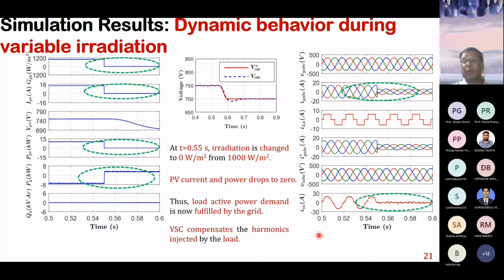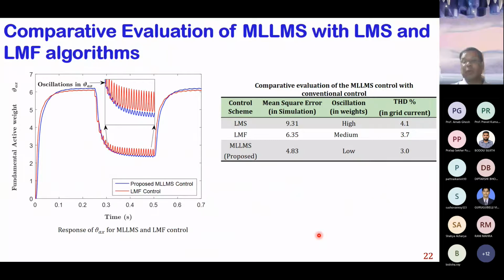And if you consider the oscillation in the weights of the filter, you could see that we compared a least mean fourth algorithm and the proposed modified Leaky LMS algorithm. You see the red one is the LMF, the least mean fourth, and the blue one is the modified Leaky LMS algorithm, and the oscillations are less in the case of the modified Leaky LMS algorithm.